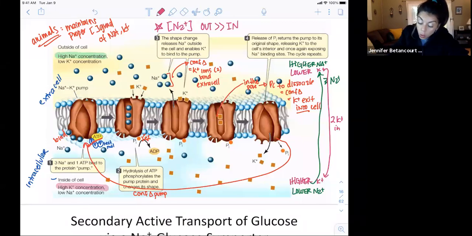That is the goal of the entire sodium-potassium pump. And this is what activates the next transporter protein.